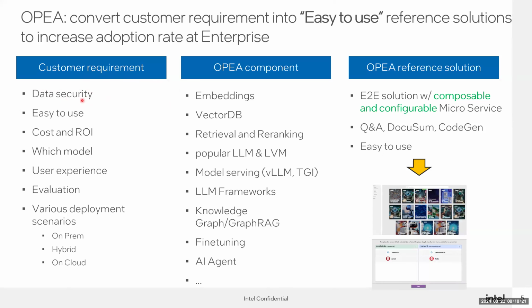The customer wants the whole solution to be easy to use so that I can increase my productivity and reduce time to market. Also, cost is an important factor. It's not only the operating cost, the number of IT resources I need to build my Gen AI, but also the production cost.